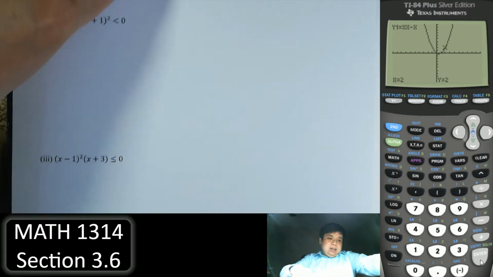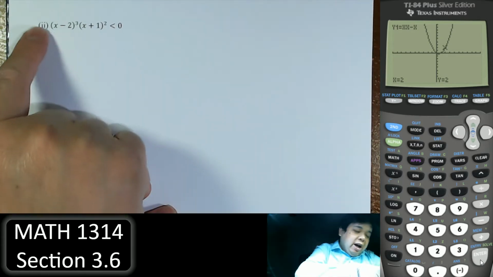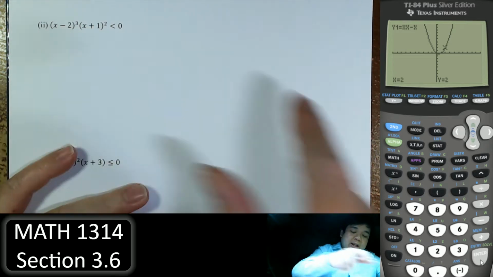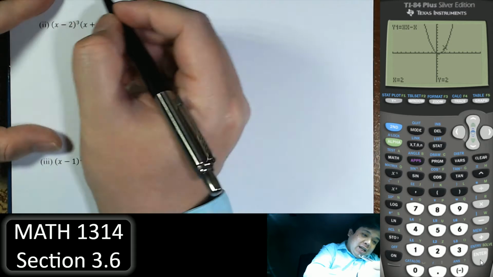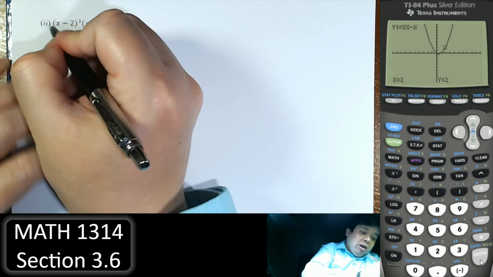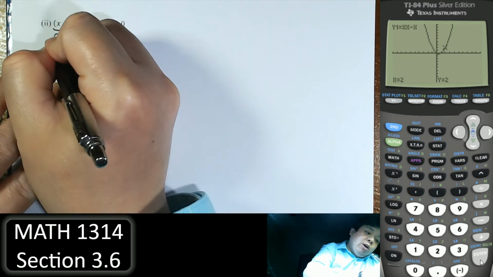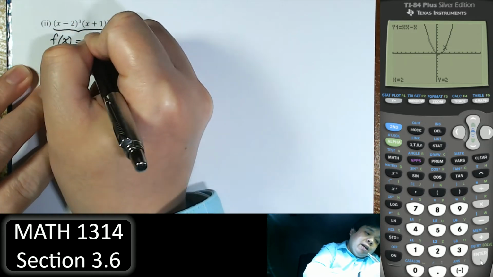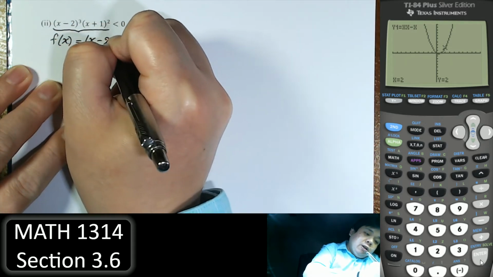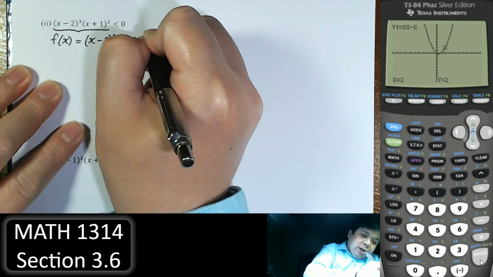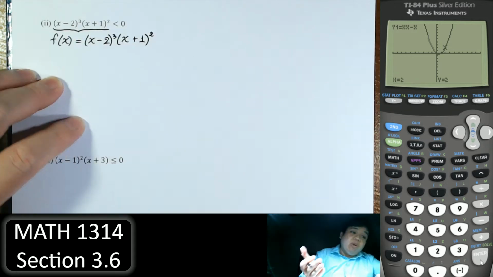Right. Here's more example. (x minus 2) cubed times (x plus 1) squared equal to 0. Once again, in this case, we try to write this in the right form, but we don't have to because this time we already have it in the right form, where the function is (x minus 2) cubed (x plus 1) squared. Right, so it is in the right form already.